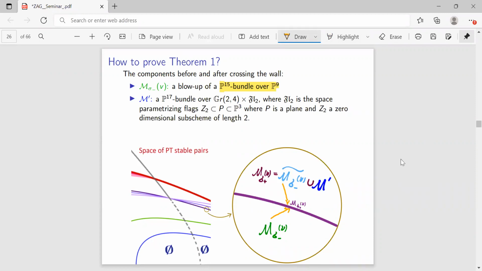Okay. So to show that this is a small contraction, we need to look at the destabilizing locus when you cross the wall. And also to show that this is divisorial, you need to more carefully look at the intersection of these two components here. Okay, so let's see how this works.